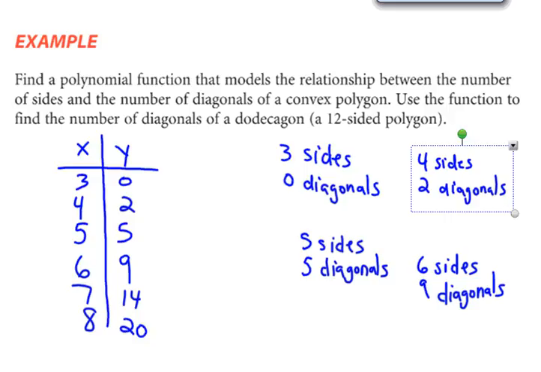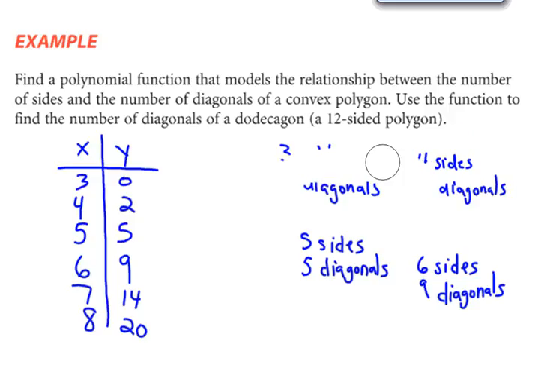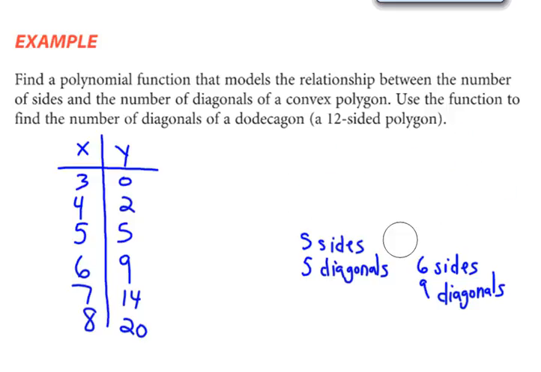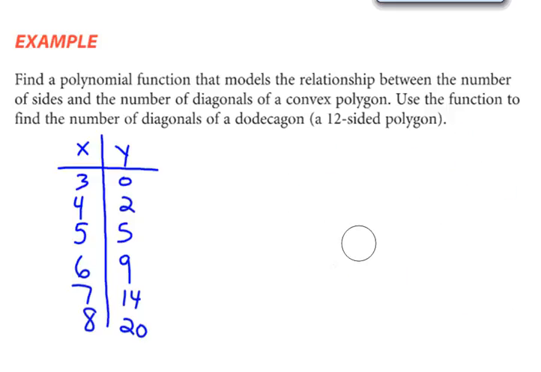So now that we have this table, we don't need this information, and now we can apply our finite differences to find out what degree polynomial function we're going to want to create. So here we go.